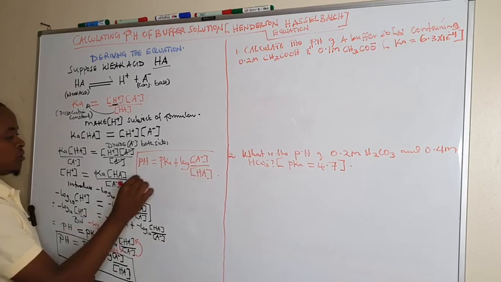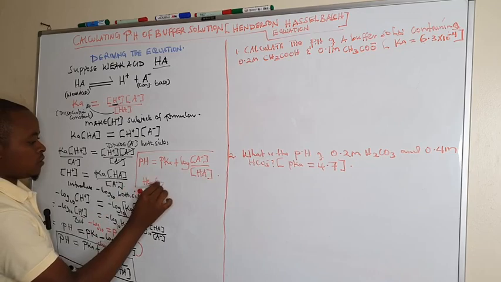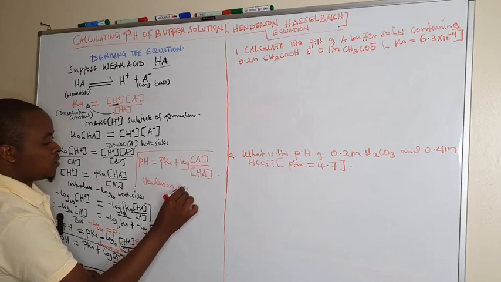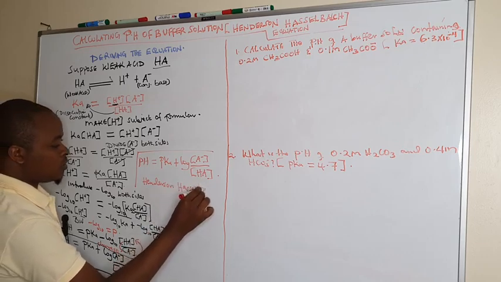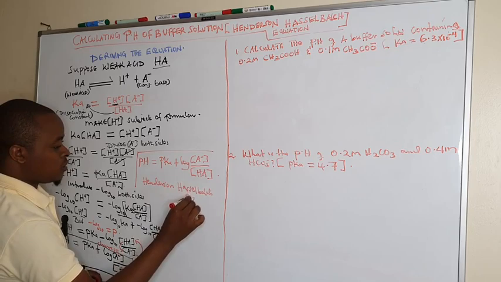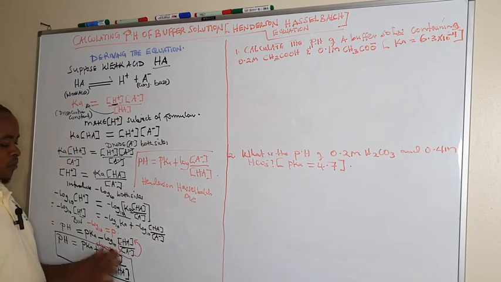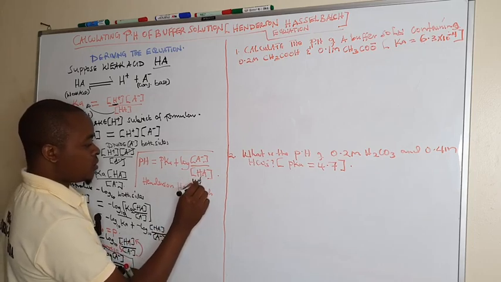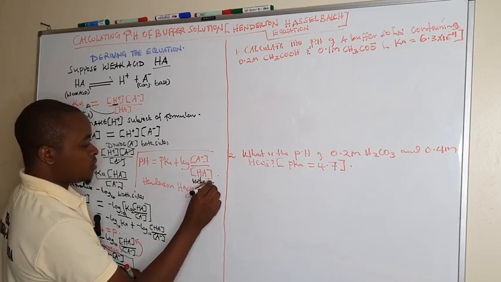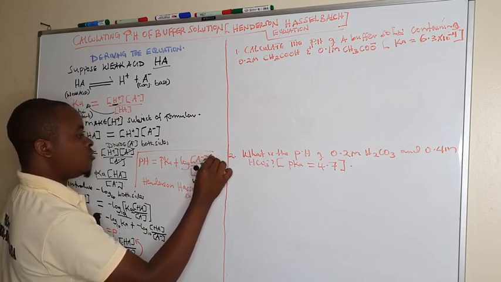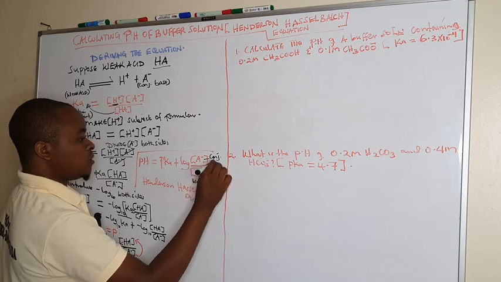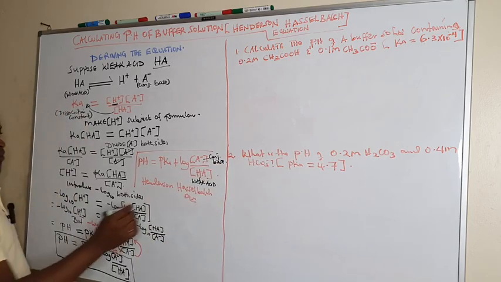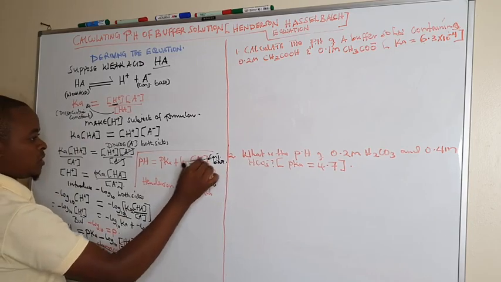This is what we call the Henderson Hasselbalch equation, whereby this one is for the weak acid, and this is for the conjugate base. So this is the weak acid, this is the conjugate base.